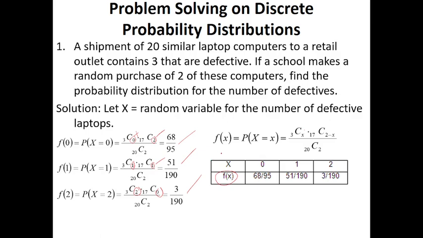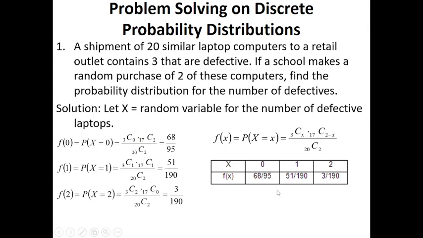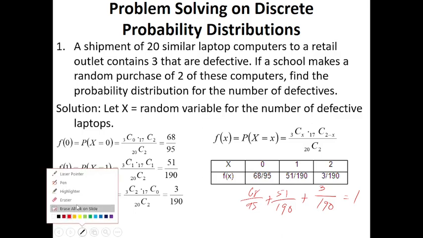So that's the solution. If we add all of these, 68 over 95, 51 over 190, plus 3 over 190, we'll get 1. So this is now the probability distribution of our random variable, which is the number of defective laptop computers.